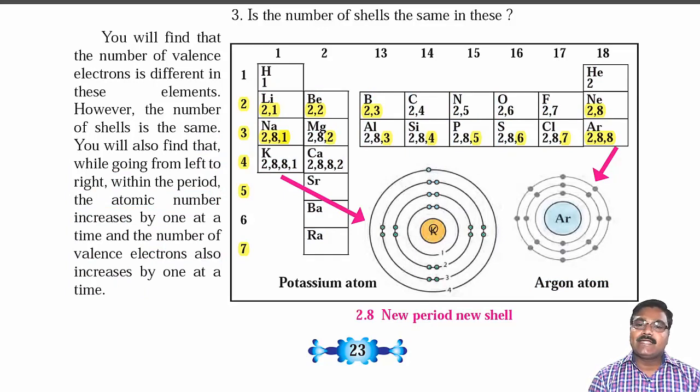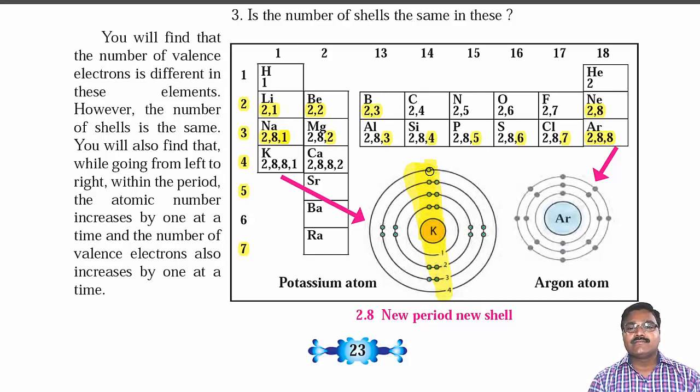Suppose we take the example of this potassium. Here we will notice that this is the center of that atom, and from this center till this outermost electron, the distance is known as atomic radius. Radius is nothing but atomic size.